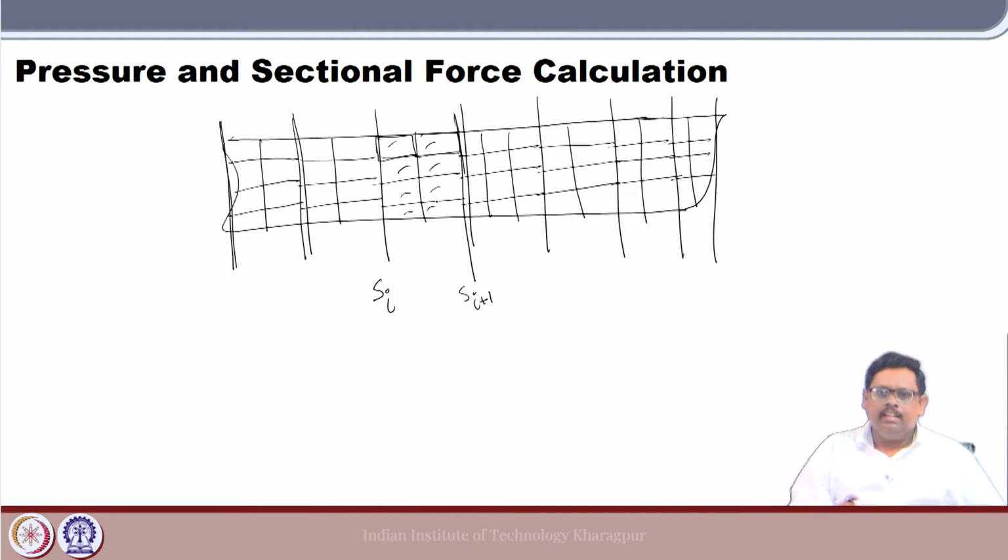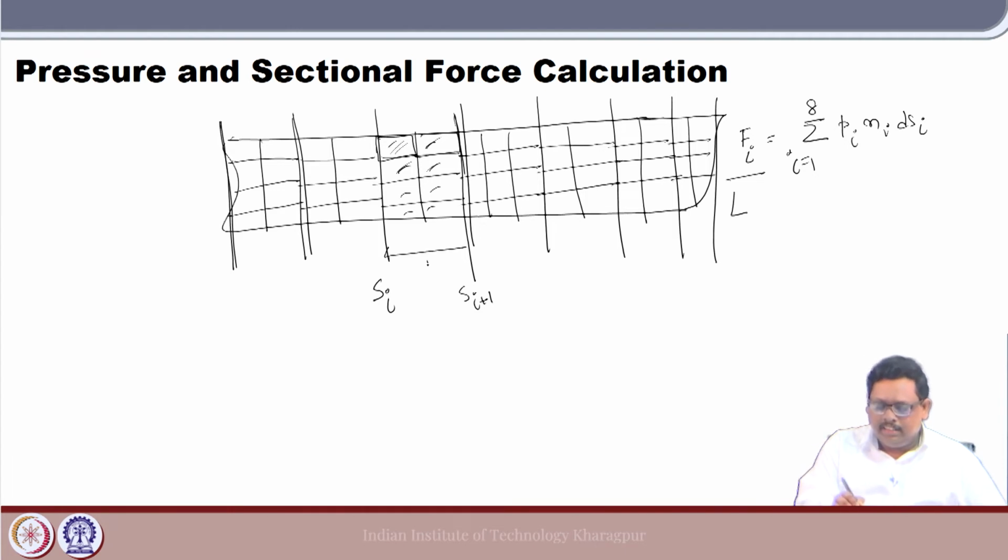I can do the contribution by adding I equal to 1 to 8, all 8 panels, with P I N I times d s I, and then I get the total force, let us call this F I. Then I average out this force by dividing by the sectional length L, and I put half at this node and the other half at this node.